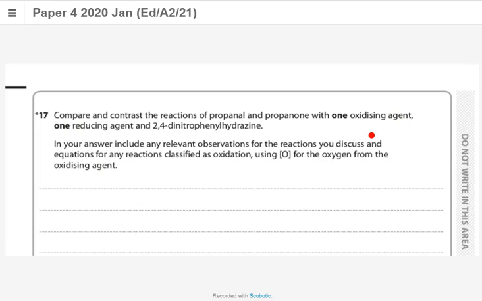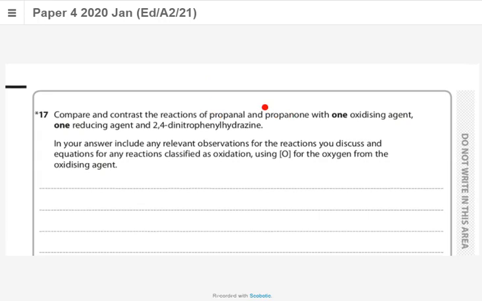2,4-dinitrophenylhydrazine. Now we know propanal and propanone react with an oxidizing agent such as potassium permanganate or potassium dichromate, and we can even use Fehling's or Benedict's. There will be oxidation for the aldehyde, not for the ketone, right?